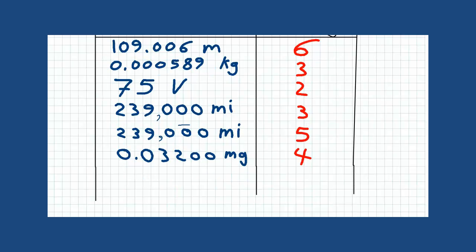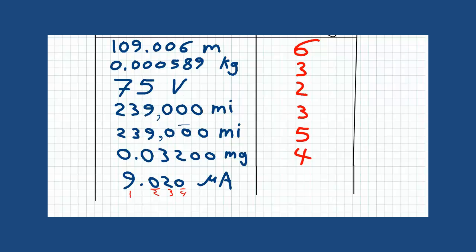Now let us see this last example. In this example, also we will count from the left, from the first non-zero number. So we will start from this number 1, 2, 3, 4. This 0 is between two significant digits, and this 0 is after a decimal point.